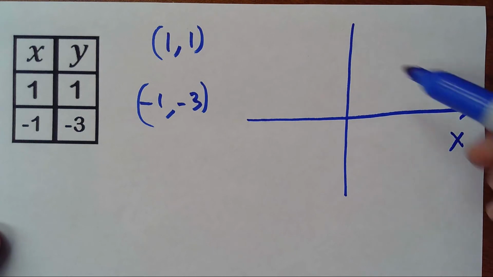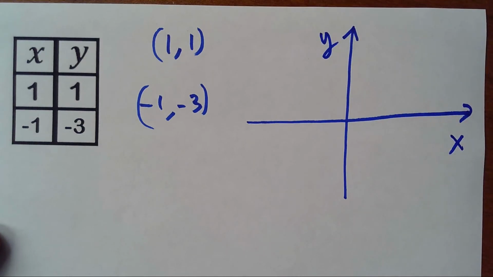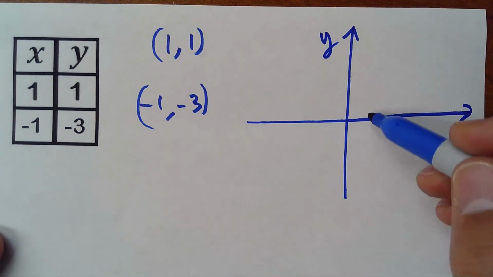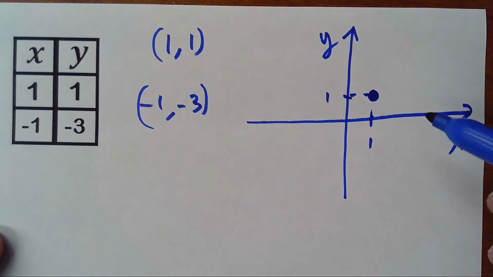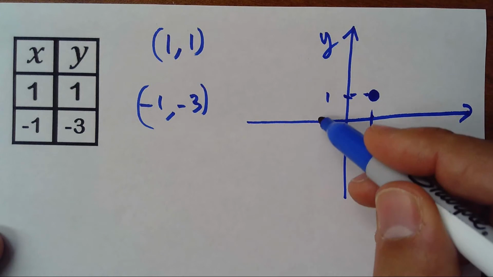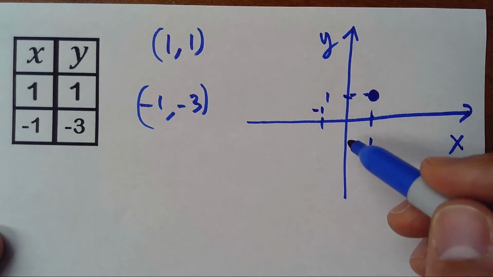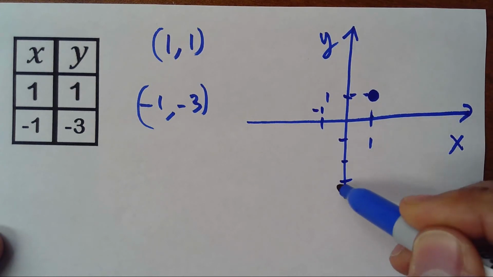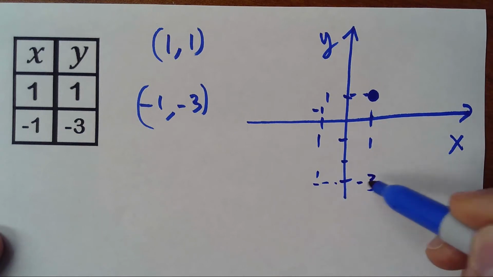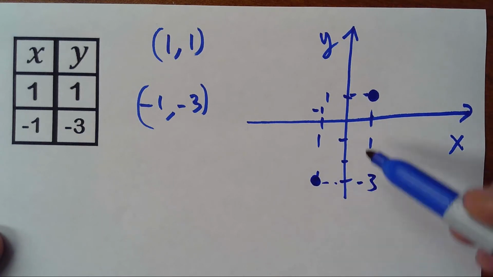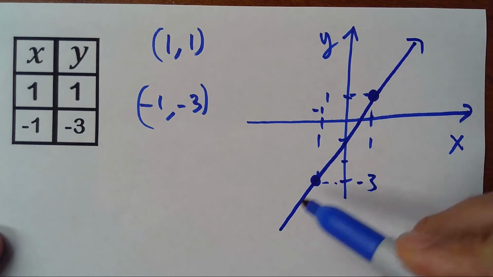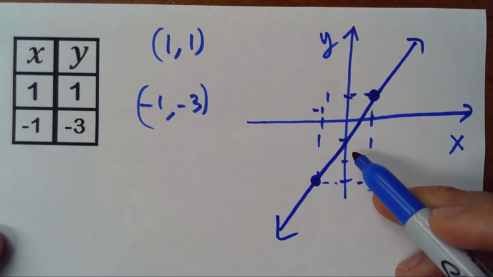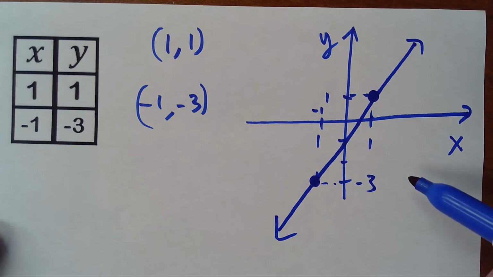So this is the x, this is the y. 1, 1, it would be 1 here, 1 here. So here's 1, 1, and then -1 for x, and -3 for y. So here's the other point. Once I have those 2 points, I make the line. Now I did the graph.